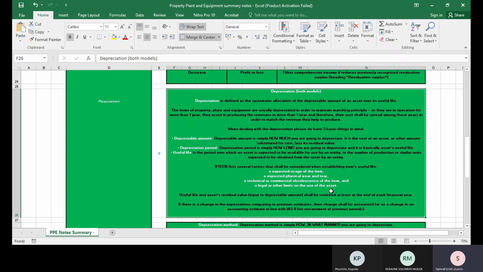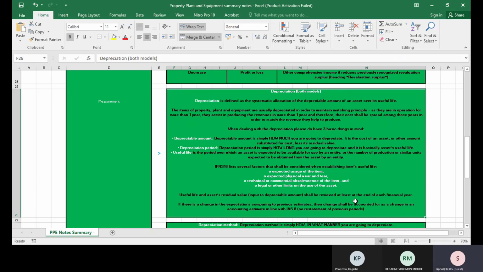These things are crucial for you to determine the useful life of an asset. The useful life and the asset's residual value input to the depreciable amount shall be reviewed at least at the end of each financial year. This is what IAS 16 is saying. Every year you need to review useful life and the asset's residual value.